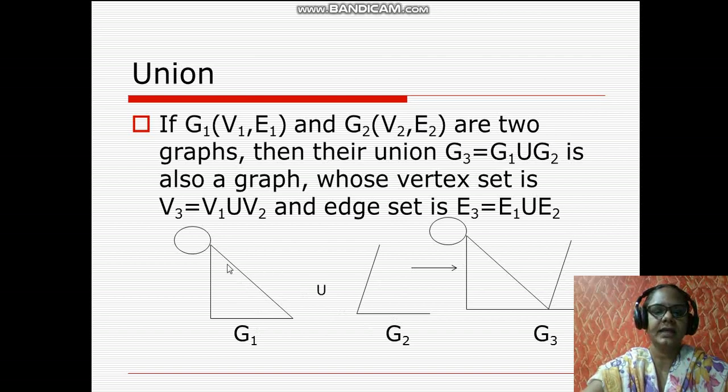Now you see that these three vertices are preserved over here, and this loop is still preserved in the union. This edge is preserved over here, and this edge is also preserved over here. So this edge and this edge have the same name.